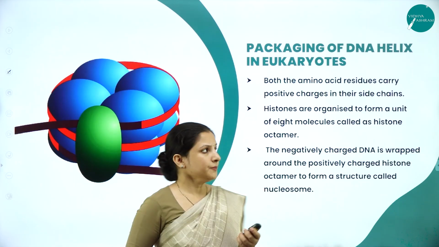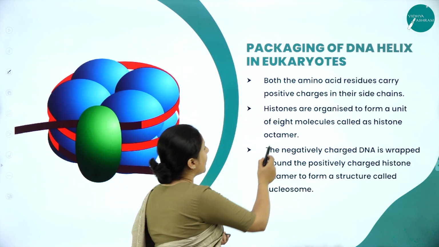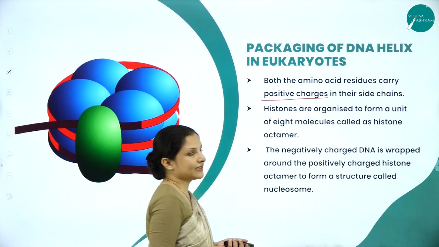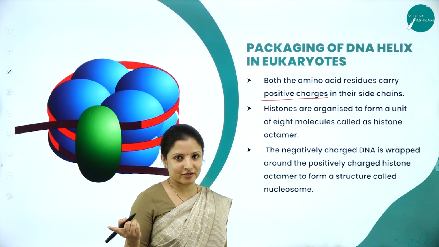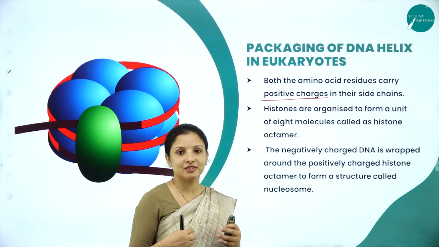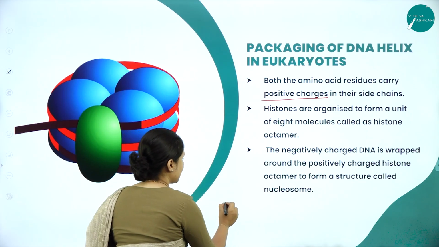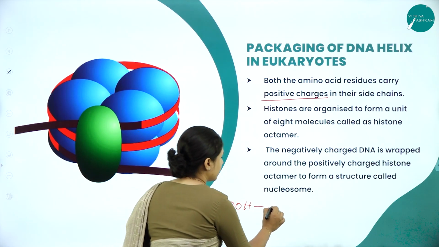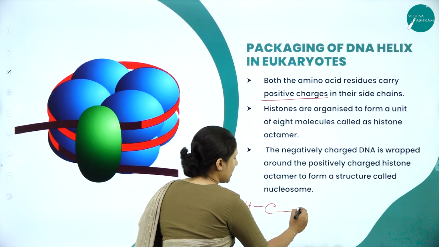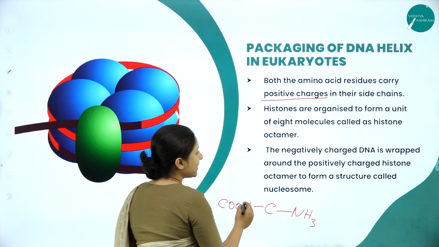So moving further, both the amino acid residues, as I told you, they carry what? Positive charges in their side chain. What is their side chain? Remember, again, biomolecules. See how 1st PUC and 2nd PUC are connected to one another, right? What is the structure of the amino acid? They have a carboxyl group on one end, an alpha carbon atom, and an amino group on the other end.